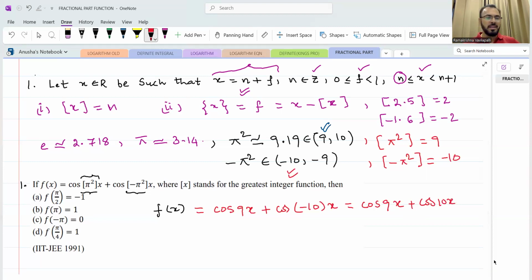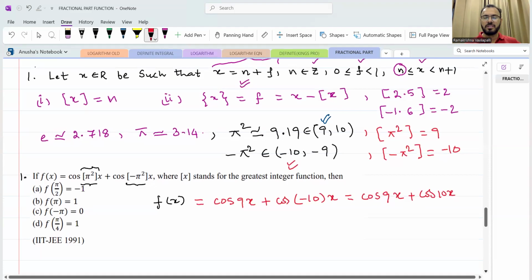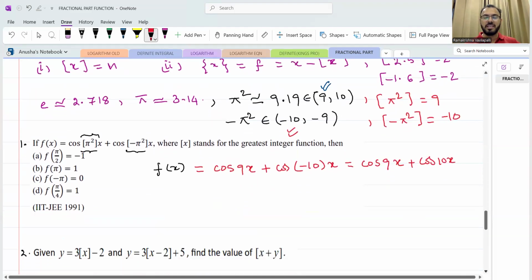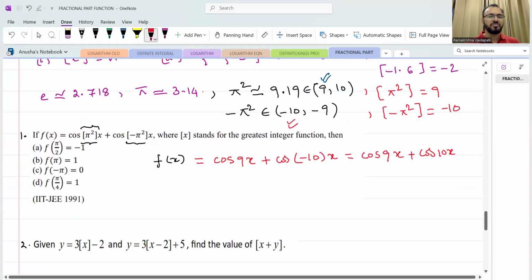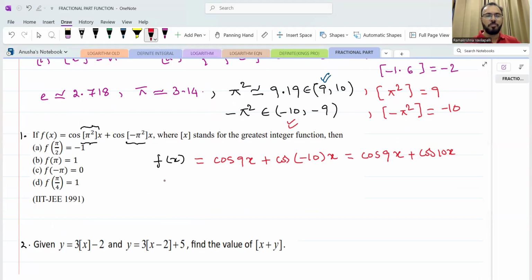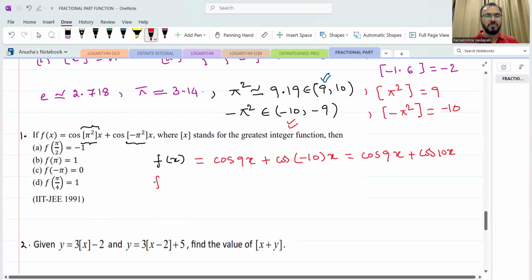Now they are asking which option is true. So we have to verify each option. I am checking option B. What is f of pi? Because it is easy to check, cos of integral multiple of pi. f of pi equal to, in place of x, you put pi.